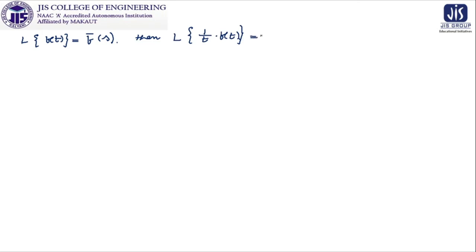The property tells us that we have to do this calculation: the integration from s to infinity of F bar s ds. So F bar s is given or known to us. We just integrate it from s to infinity to get the Laplace transform of 1 by t into f(t). Here I must mention that the result of this integration, only if it exists, can we find it.